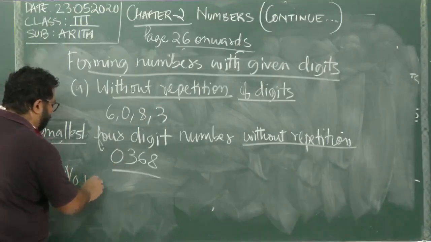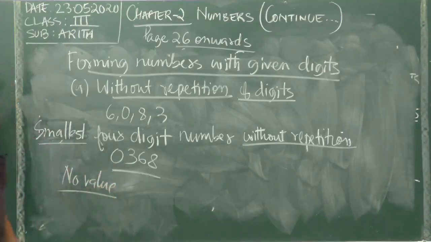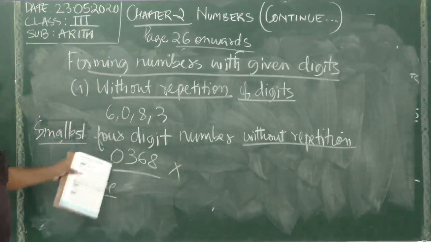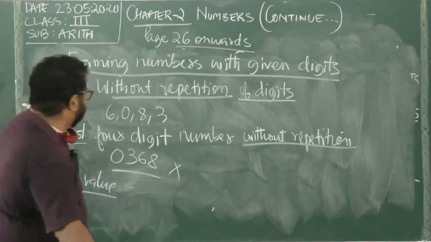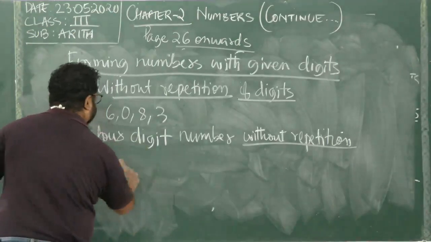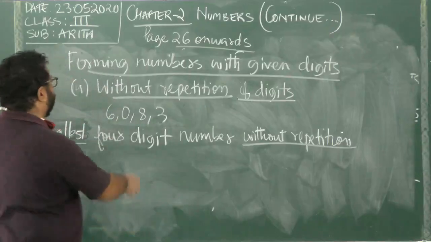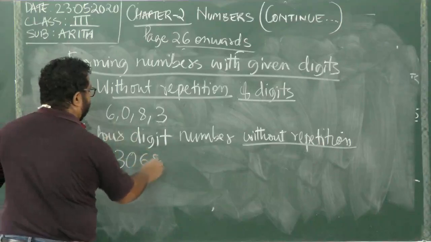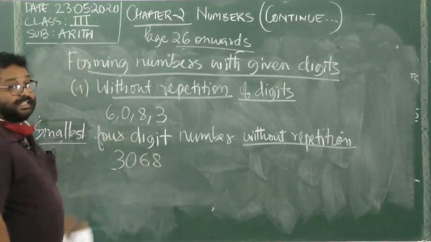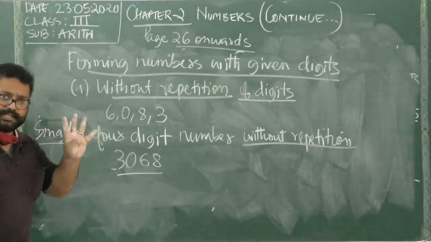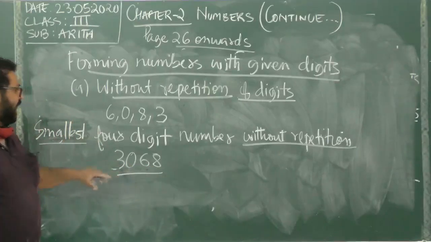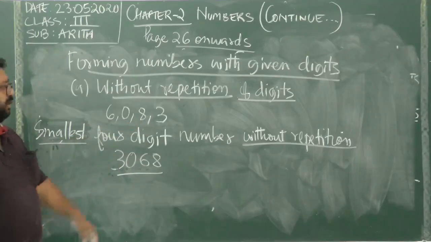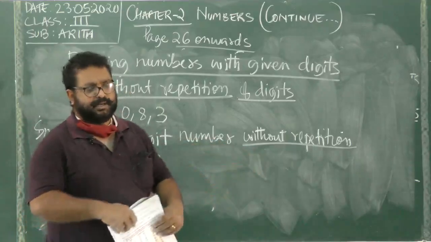So this is wrong. It cannot be a 4-digit number because 0 has no value there. So what do we do? We first take 3, then we put a 0, then a 6 and an 8. So 3068 is a 4-digit number, 1, 2, 3, 4, and it is the smallest number found using all these 4, and we have not made any repetition.